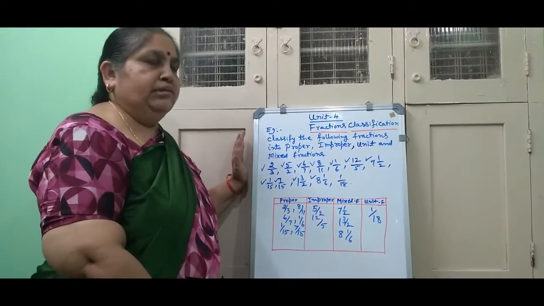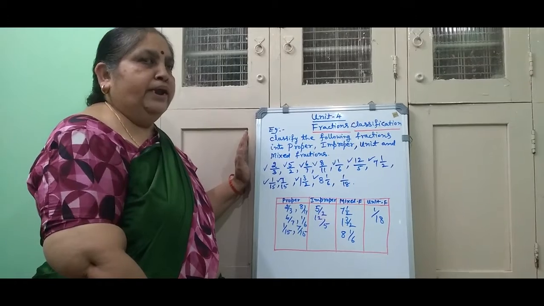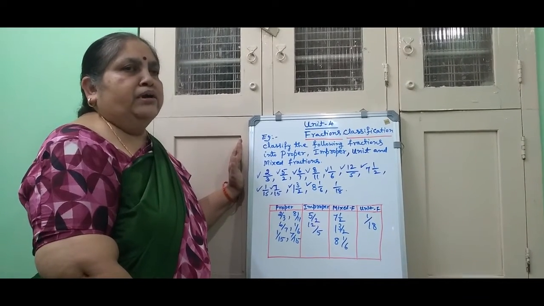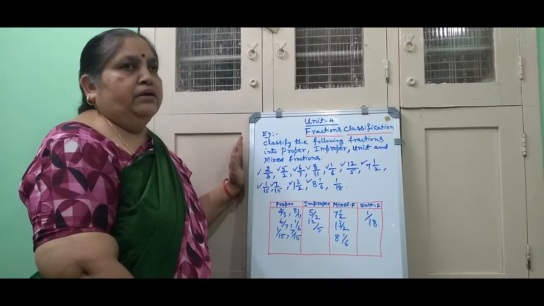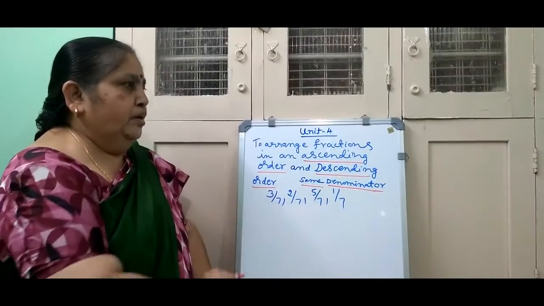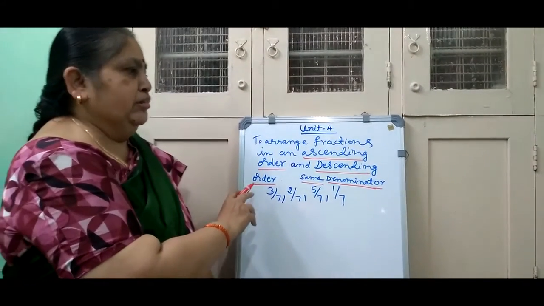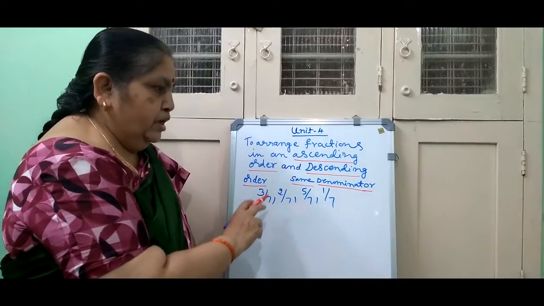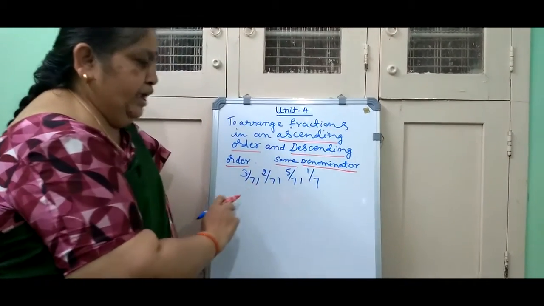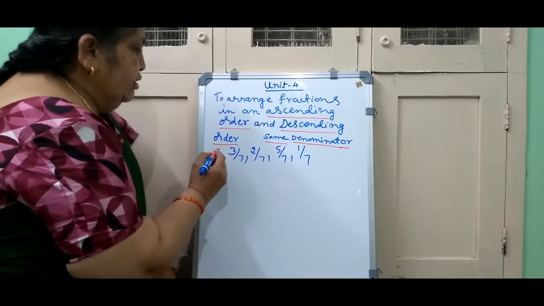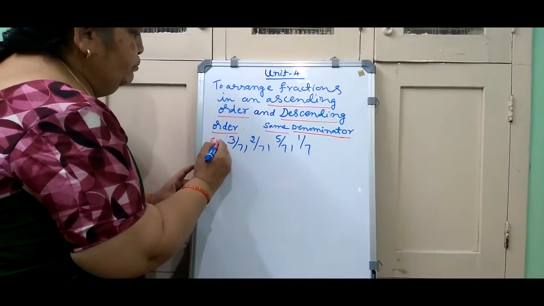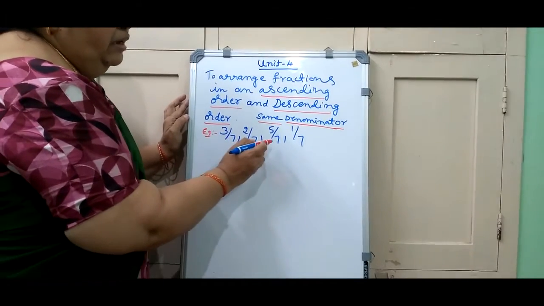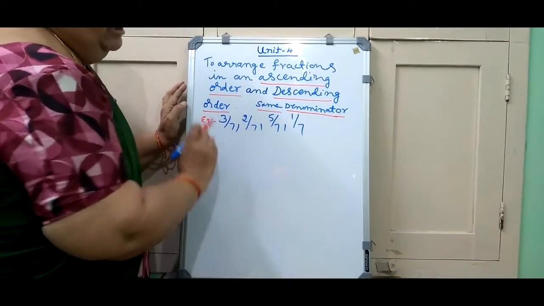Now let us see how to arrange fractions in ascending order and also descending order. First, fractions having the same denominator. Here I have taken an example problem: 3 by 7, 2 by 7, 5 by 7, 1 by 7.